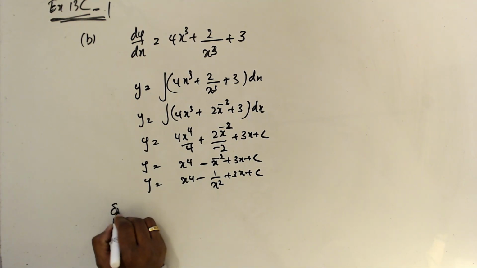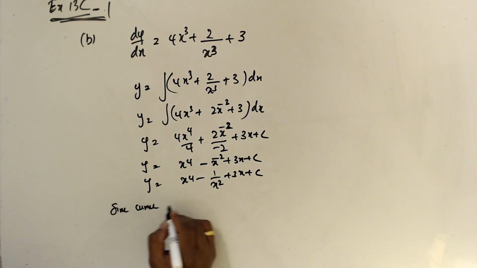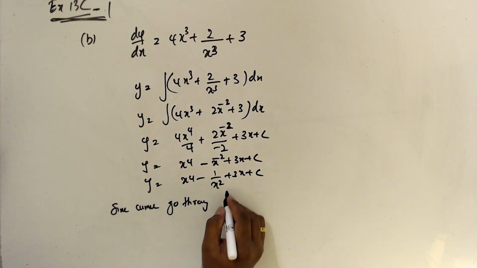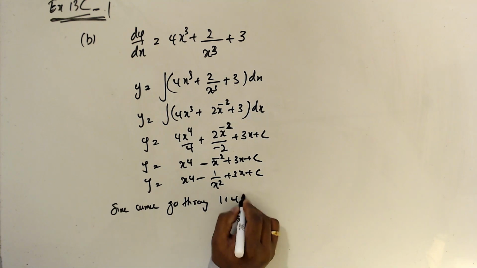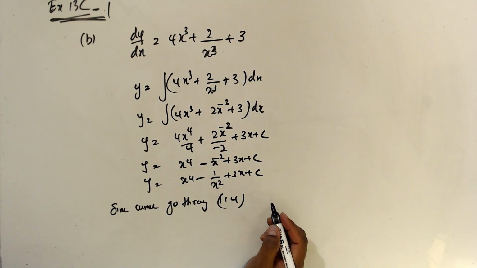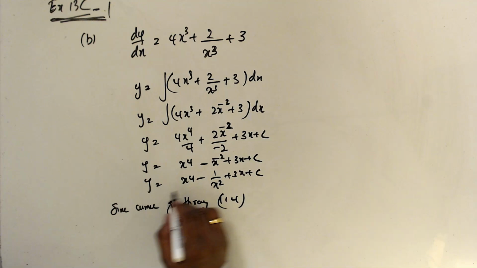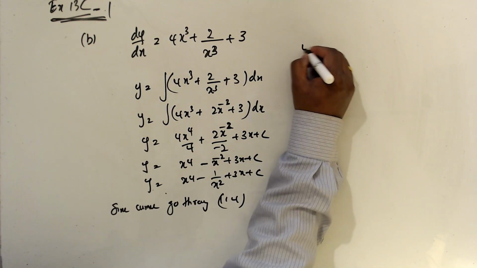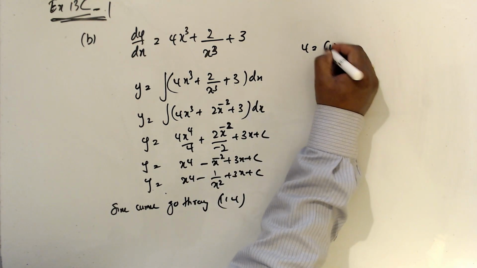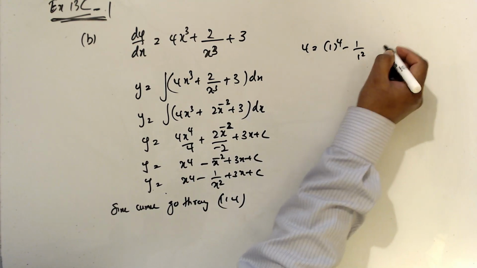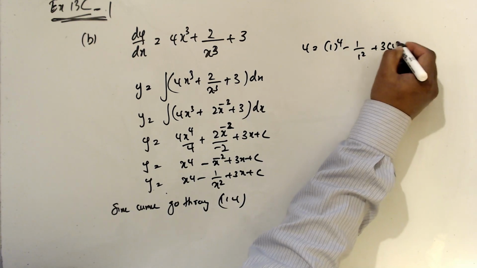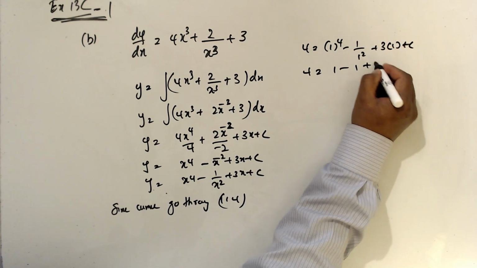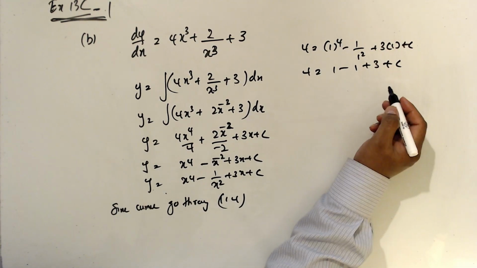Now, since the curve goes through (1, 4), x value is 1, y value is 4. We'll substitute. y is 4. 4 equals 1 to the 4 minus 1 over 1 squared plus 3 times 1 plus c. 4 equals 1 minus 1 plus 3 plus c.